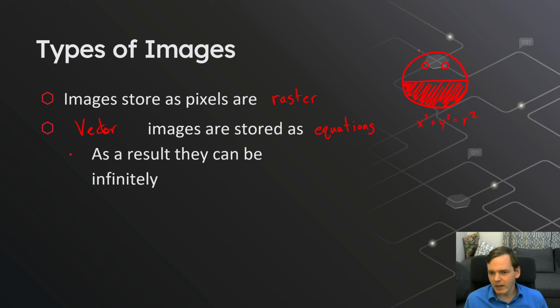And that means I don't have to store all those pixels. And also, as a result, it can be scaled infinitely. I can make this as big or as small as I want, and I won't lose detail, because if I make it bigger, I can just say, hey, draw a bigger circle. And the computer can know, okay, if I want it twice as big, I draw the circle twice as big.